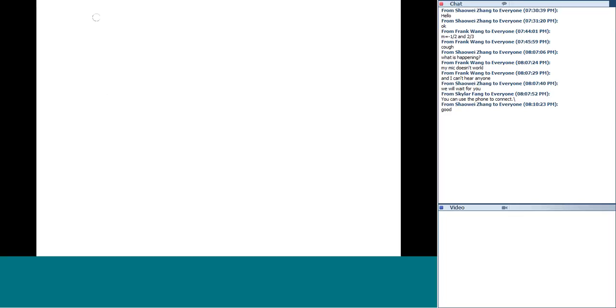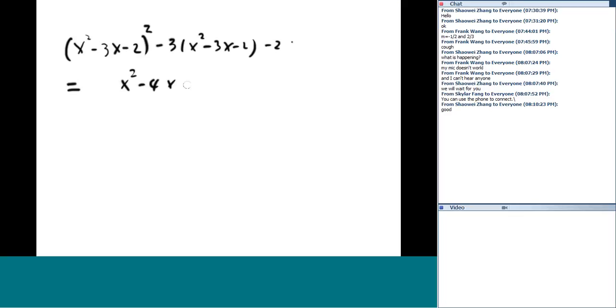then you're going to have (x squared minus 3x minus 2) squared minus 3 times (x squared minus 3x minus 2) minus 2, because zero is going to factorize that into x squared minus 4x minus 2 times another x squared blah blah.